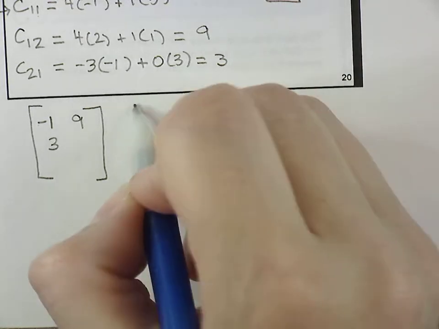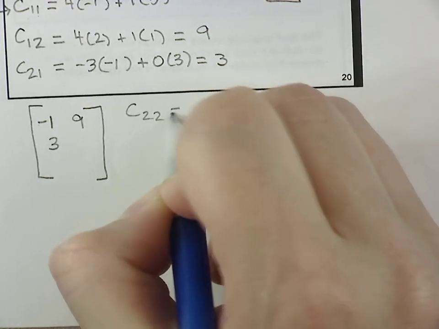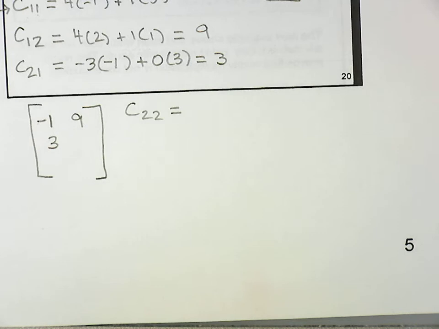So that will be positive 3. Okay, do you guys want to try the next one? So the C22. So the second row, the second column. Yeah, give it a try. It's okay if you don't do it right the first time. Just see if you can do that.